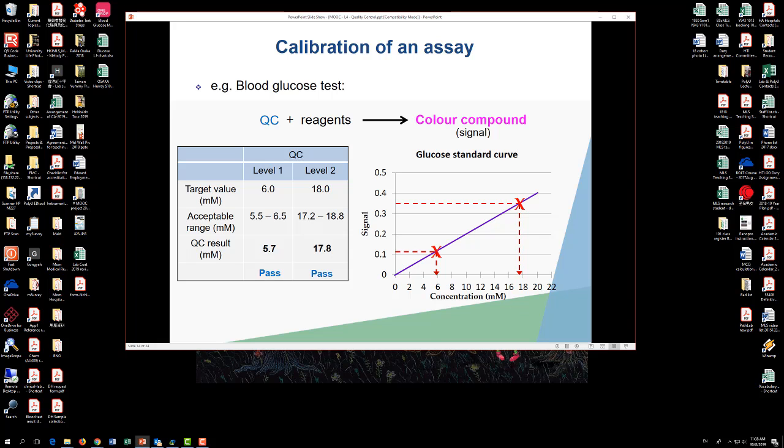So the performance of this assay is acceptable. It can provide accurate results. Then we will proceed to test patient samples.